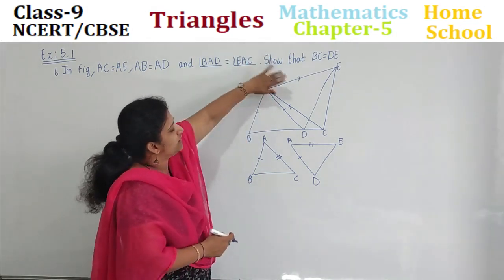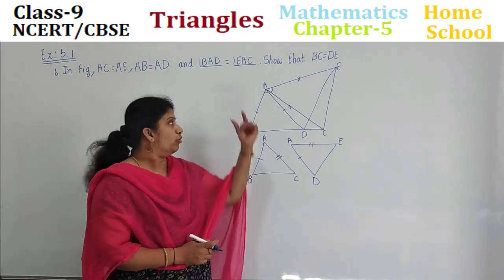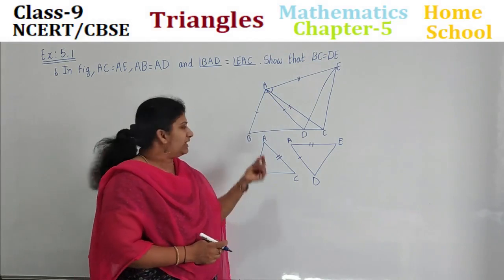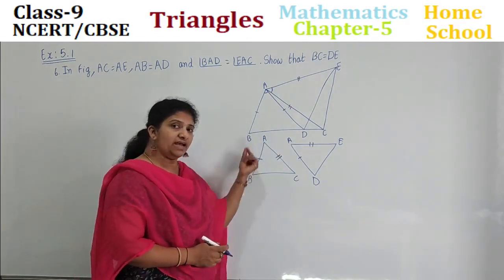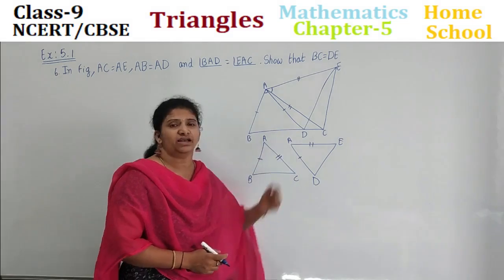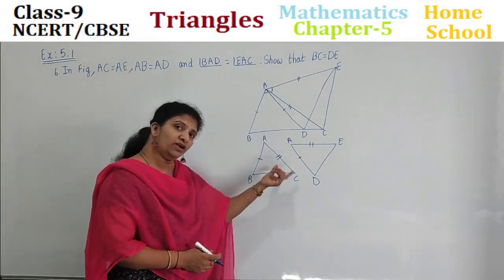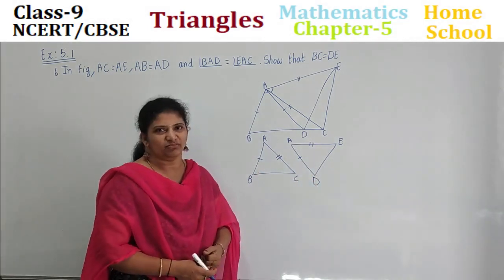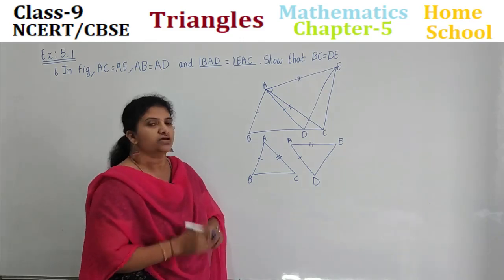If this part is joined to both triangles, then I can say the angles are equal. Then what happens? Side, angle, side. Both the triangles are congruent. If they are congruent, by CPCT, I can prove BC is equal to DE. This is the way we need to prove these types of problems. So, let's start.